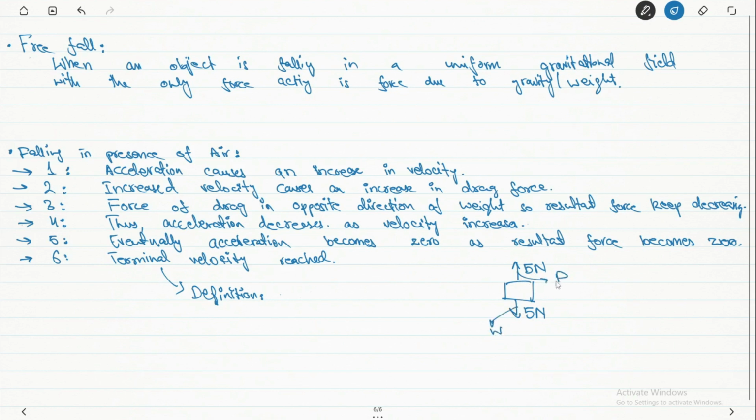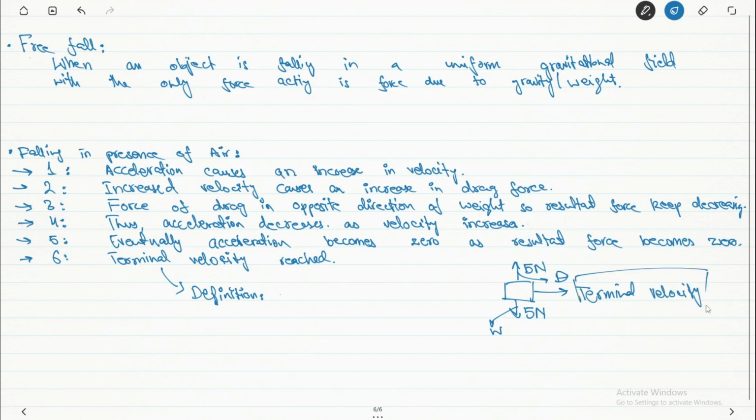The drag force becomes equal to the weight, and that is the point where the resultant force is zero and acceleration is zero. So the velocity at which the box is traveling now, for example, 20 meters per second downwards, then becomes terminal velocity, right?